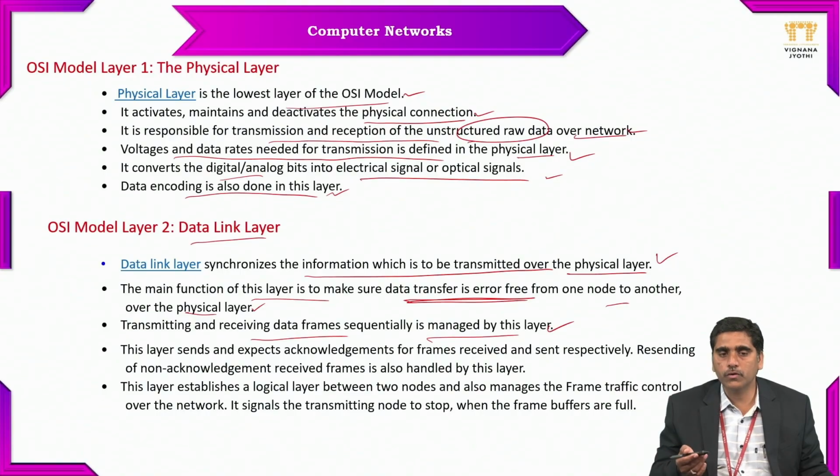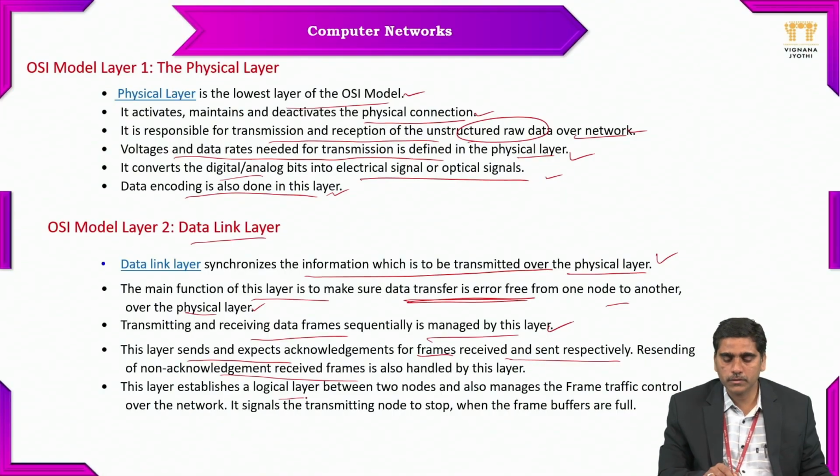So for that we can do character counting, character framing, character stuffing, bit stuffing, all this we discussed in the previous sessions. And this layer sends and accepts acknowledgements for frames received and sent respectively. So from the sender side and receiver side, whenever the frames are sent and received, the acknowledgements are also received. So resending of frames whose acknowledgements are not received is also handled by this layer.